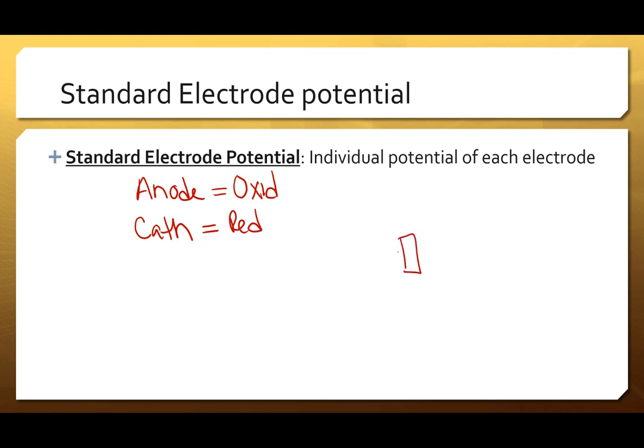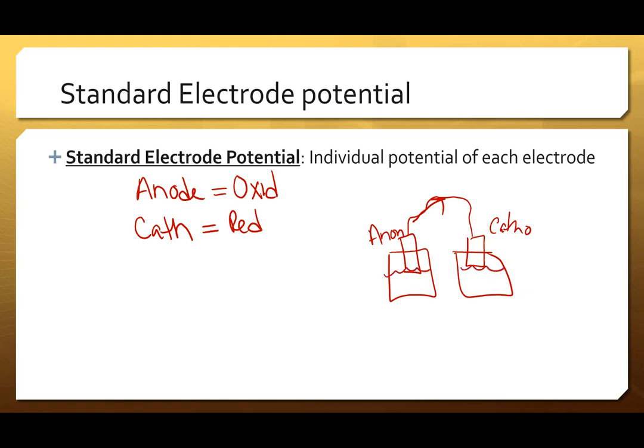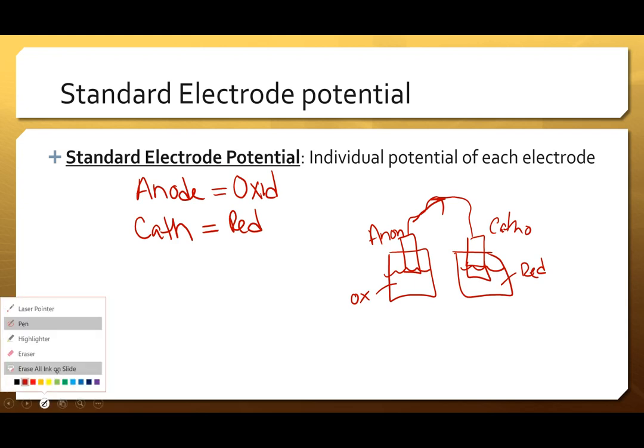So remember, if we quickly draw a voltaic cell, we have to show that the flow of electrons is this way. Our anode would be over here. Our cathode would be over here. Should be submerged. And this is where things are oxidized. This is where things are reduced. Okay. So it's important that we know which way the electrons are flowing.